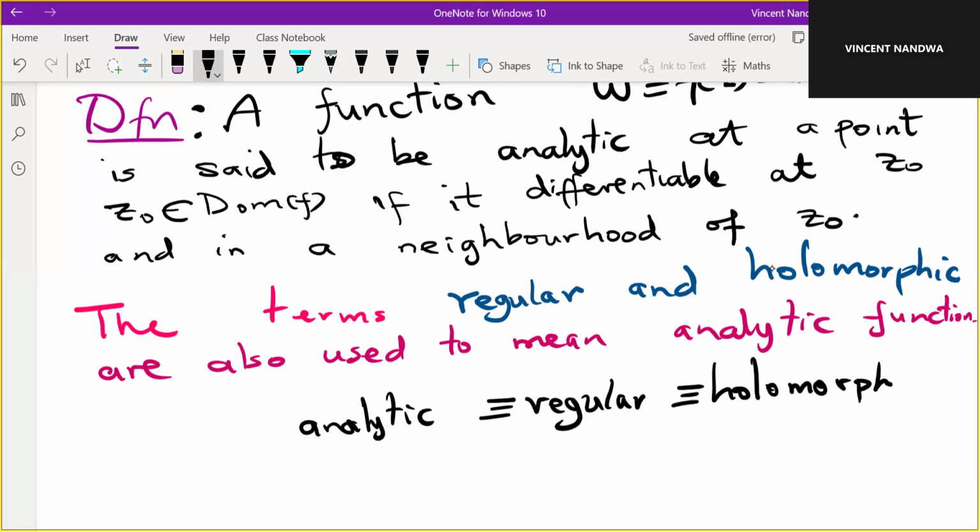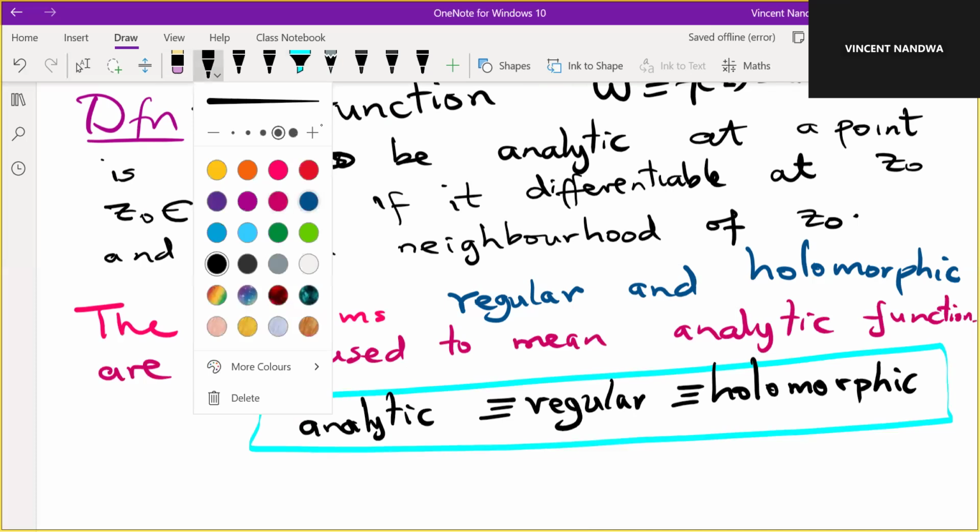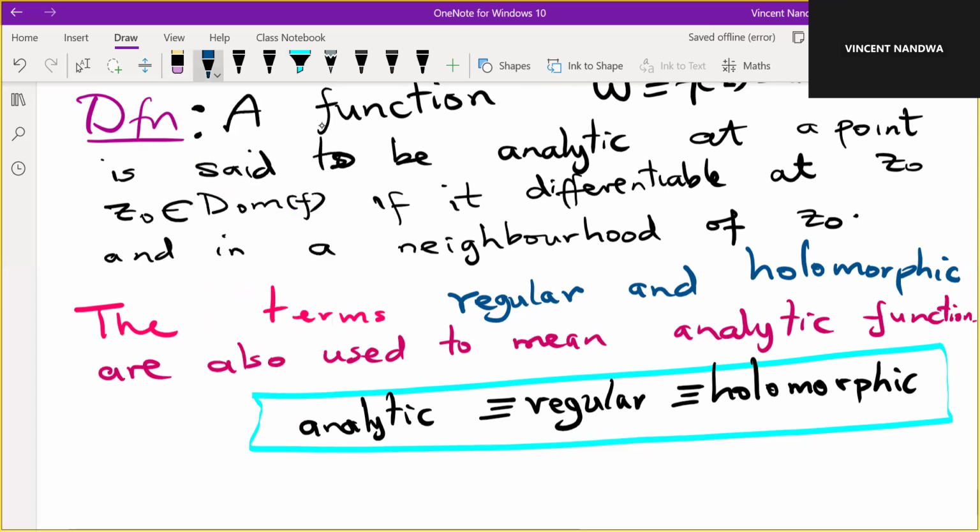These are synonyms which can be used interchangeably and refer to the same thing. A function being differentiable at a point z naught means the function is differentiable at that point and in the neighborhood of the same point.